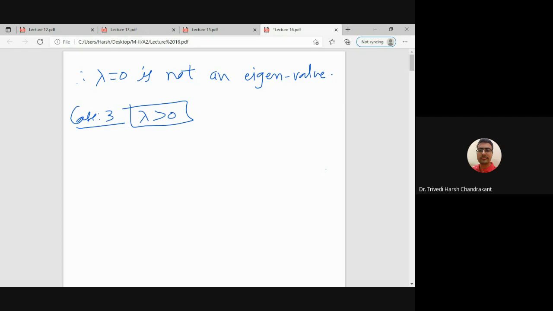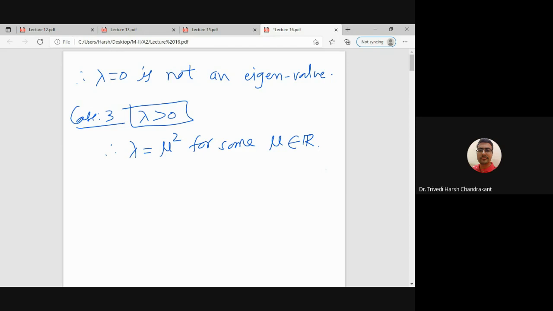Since lambda is greater than 0, we can find its square root. So lambda equals mu square for some real number mu, because it is positive.